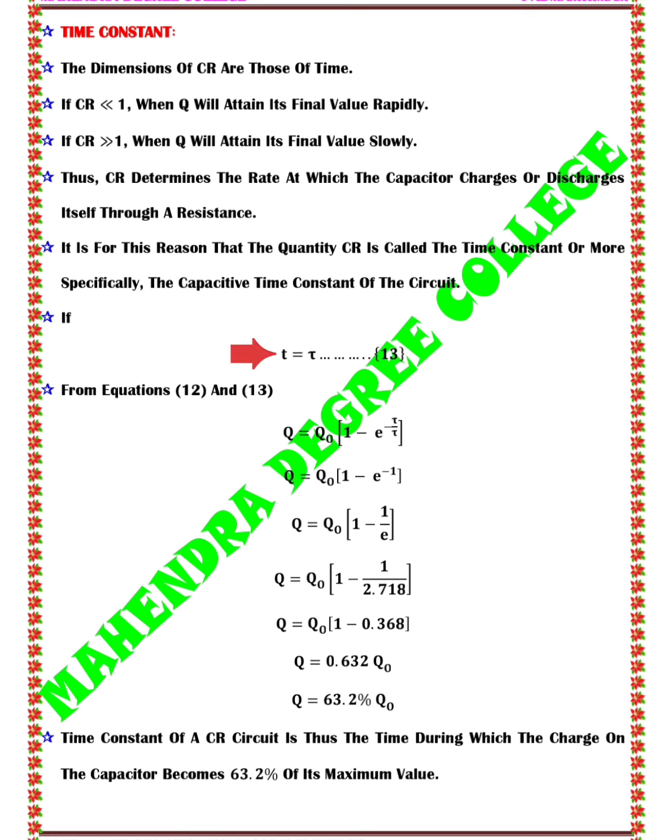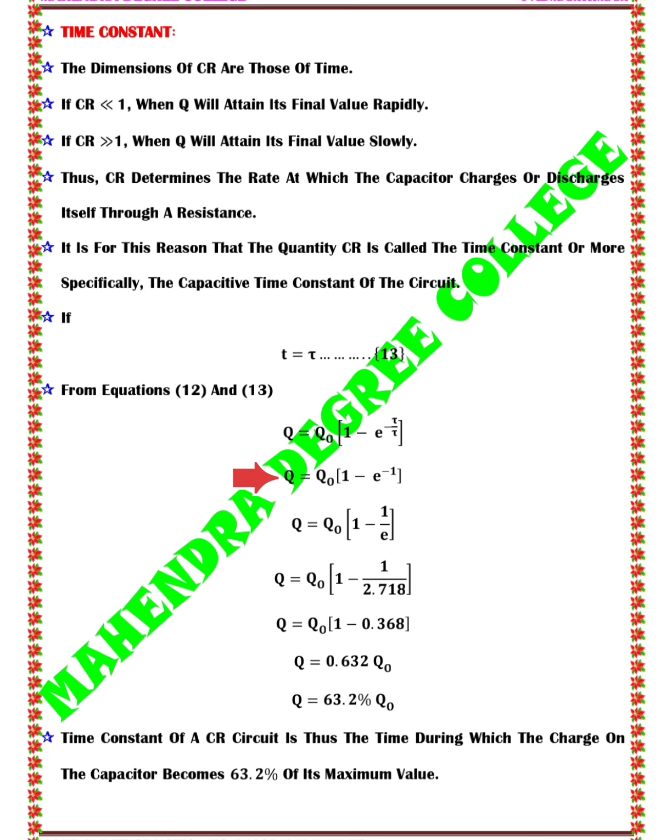If t equals tau, this is the equation number 13. From equations 12 and 13, simply substitute the t value in the equation number 12. We get Q equals Q naught into 1 minus e power minus t by tau, where numerator tau and denominator tau cancelled.